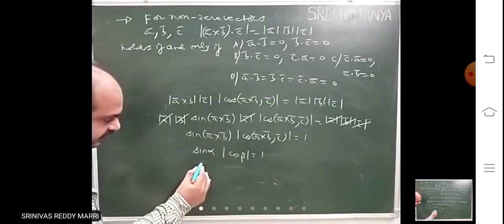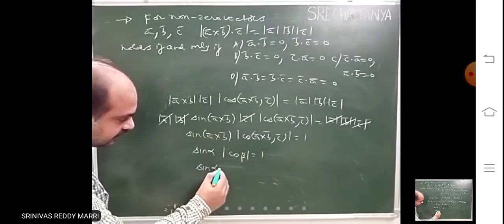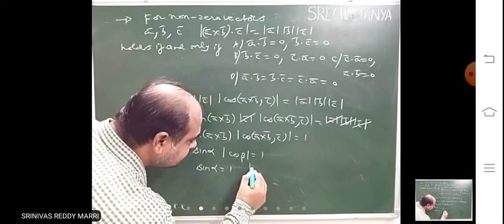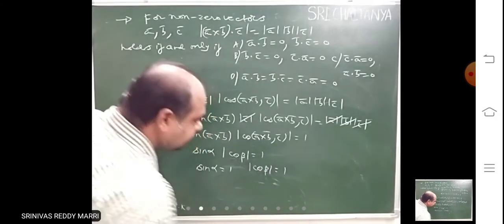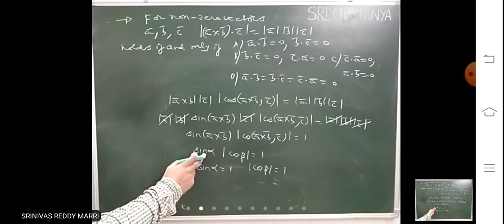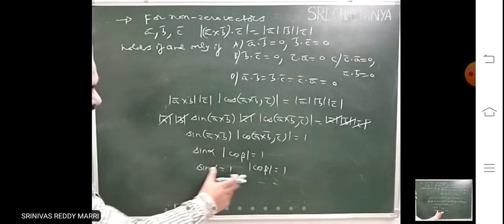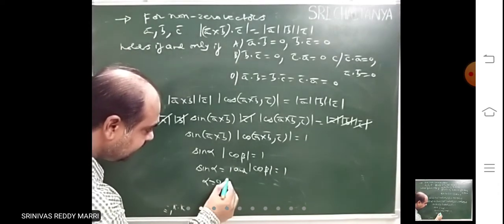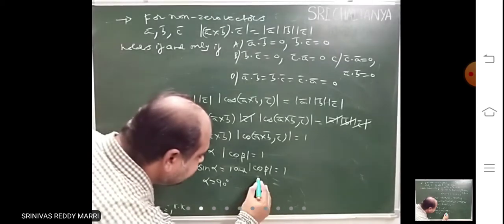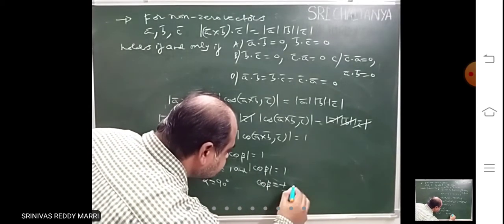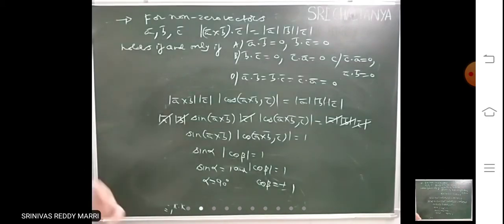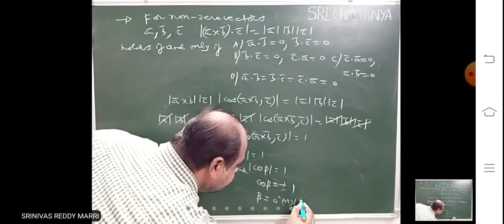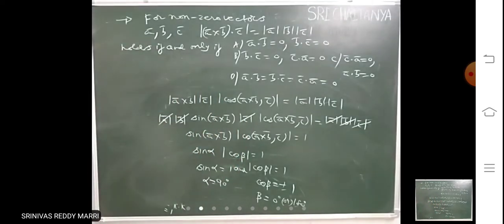Therefore sine alpha equals 1 and modulus cos beta equals 1, because the maximum value of each is 1, so both must be 1. Both being 1 means alpha is 90 degrees, and cos beta equals plus or minus 1, which means beta is 0 degrees or 180 degrees.